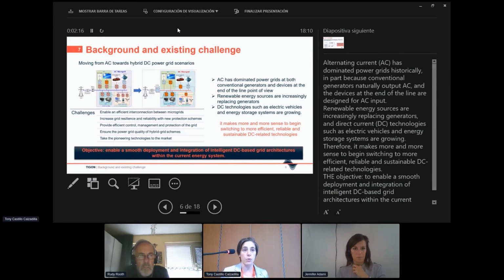But nowadays, with the increase of renewable energy sources and increasing the generators with direct current technologies, such as, for example, electric vehicles or energy storage, there is the need to switch the current power grid scenario to a more efficient and reliable DC-related technology.